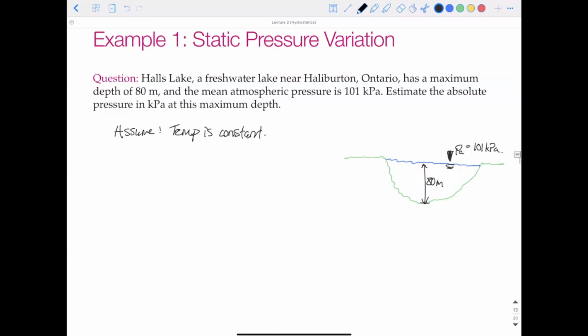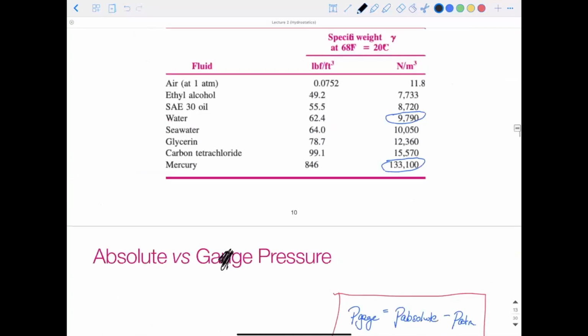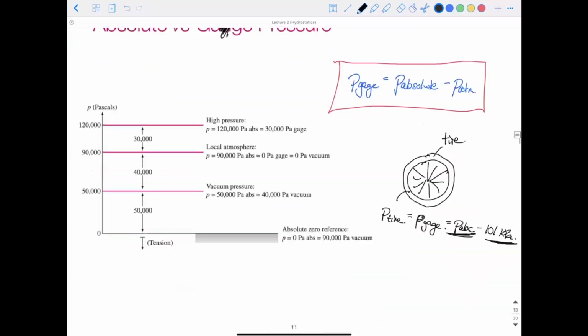What else are we going to assume? We're going to assume that the specific weight, using the value for water which we set up above, is 9790 newtons per meter cubed.